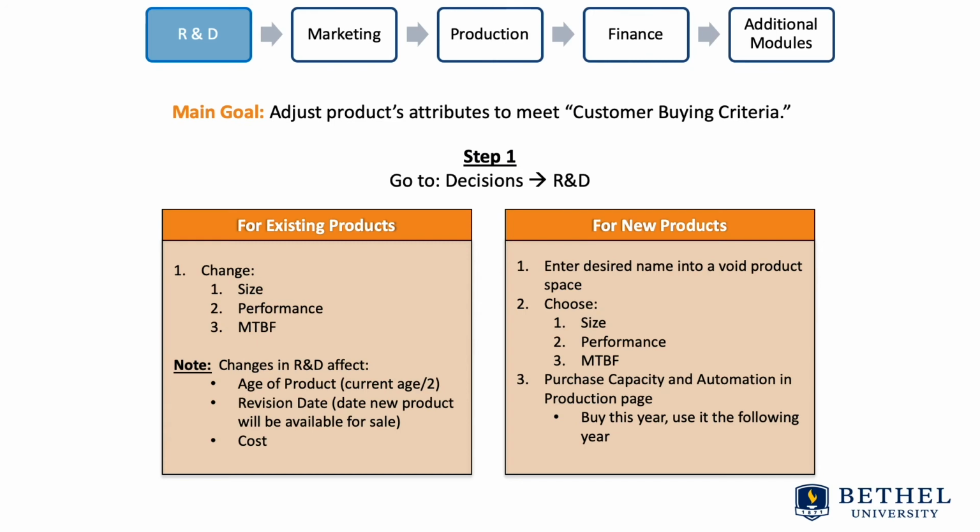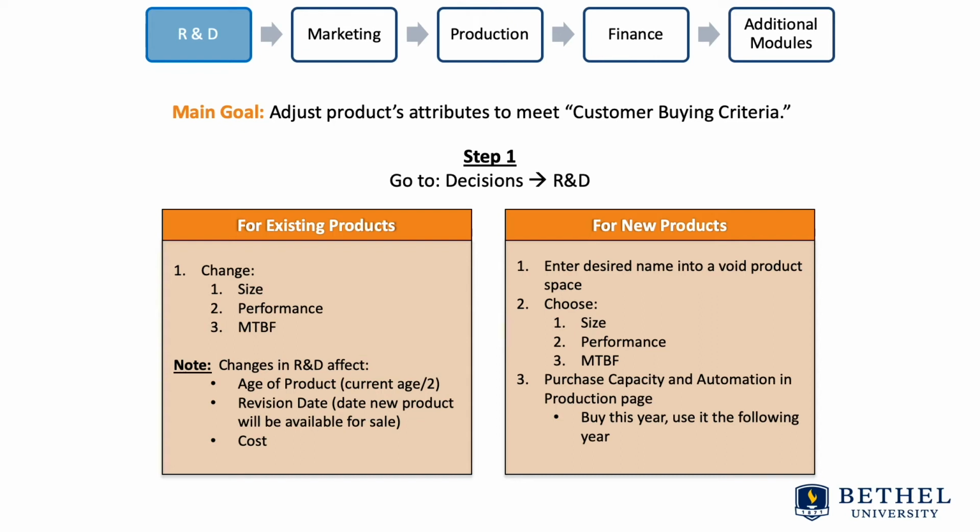Now let me quickly step through the 4 sets of decisions you make. In R&D, you make a set of decisions for all your existing products. Obviously, if you set up a new product, you've got to make that same set of decisions for that new product. A couple key things to remember: anytime you make a change to a product, you cut the age of that product in half.